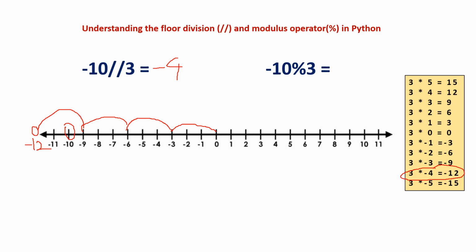So how will you do it? Minus 10, then what has to be subtracted? So this is minus 12 and then plus 2, right? If I do minus 12 plus 2, I'll get minus 10. So the answer is 2.